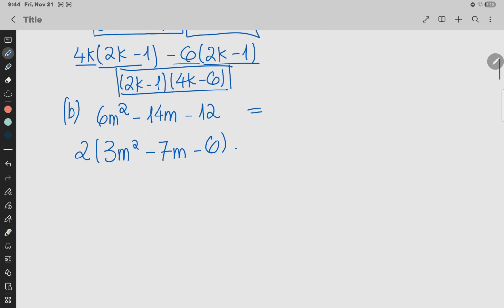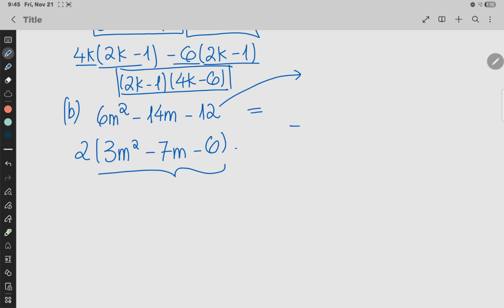Okay, so now we're left with a very simple, very easy trinomial. It's still a complex trinomial, but it's easier than the original one, right? As I said, you can still decompose with the original one. It's perfectly fine, but I want to factor out the 2 to keep the numbers smaller.